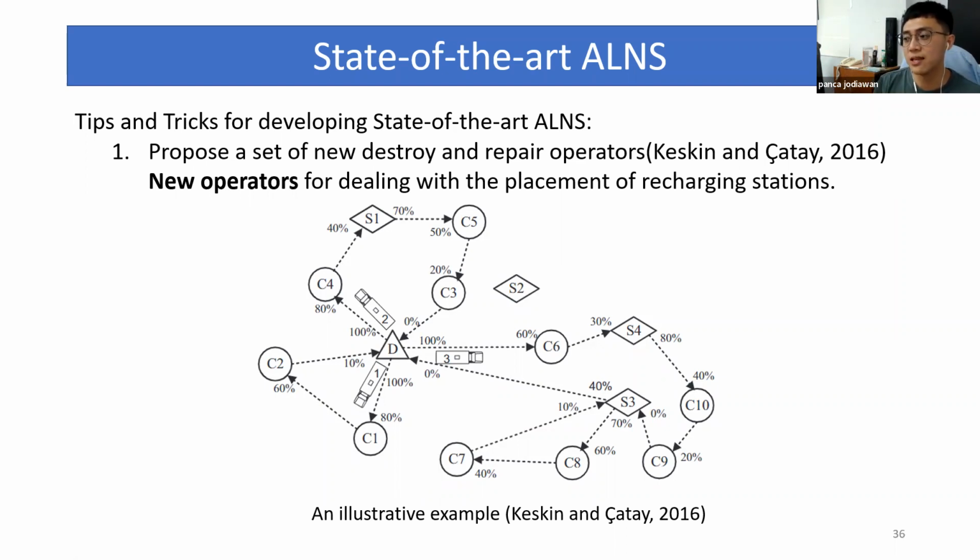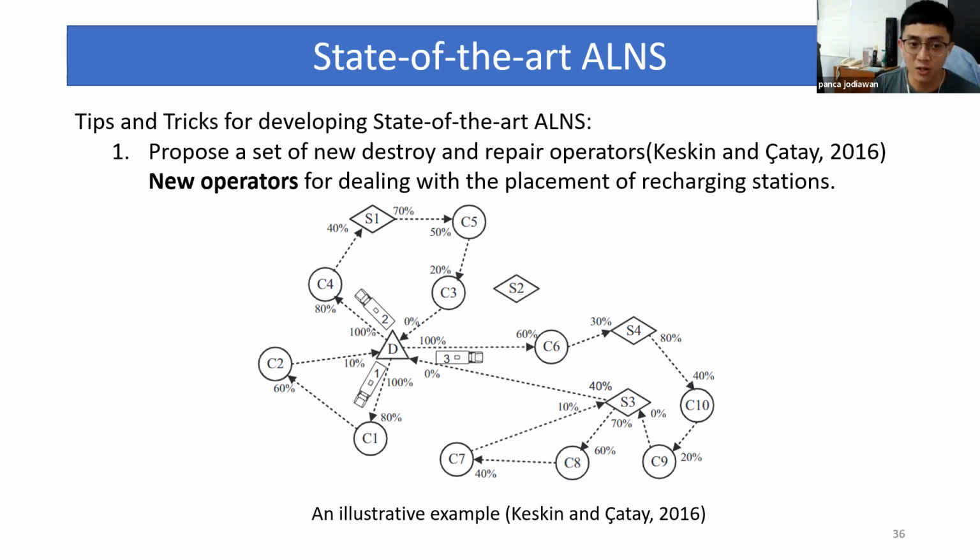If a vehicle has a low battery level, it needs to visit a recharging station to recharge before going to other customers. It means that a new decision compared to the CVRP exists.